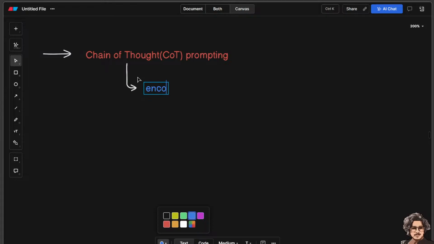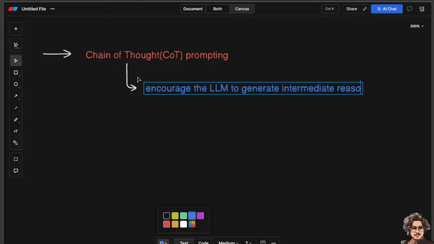to generate intermediate reasoning steps before answering.